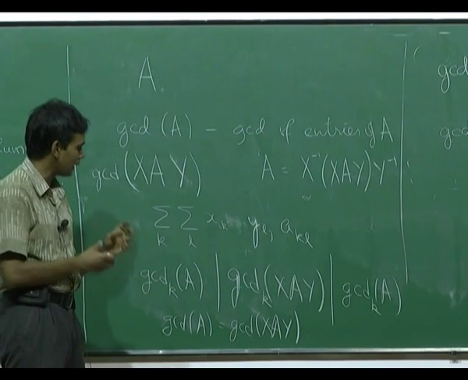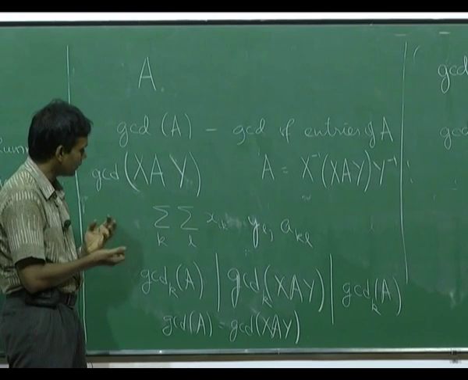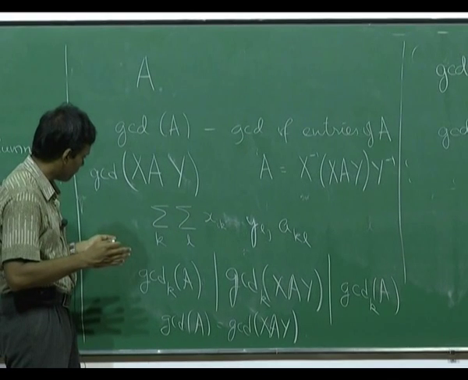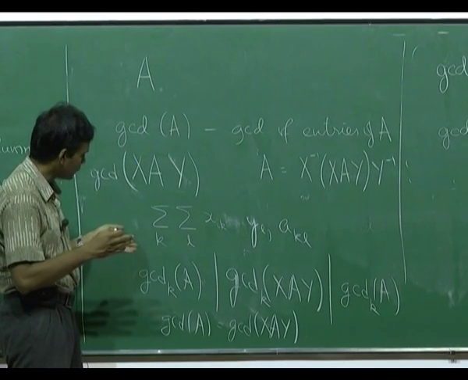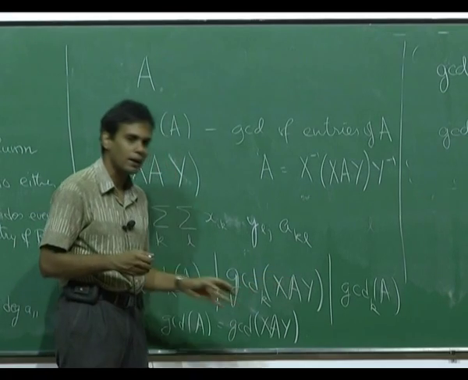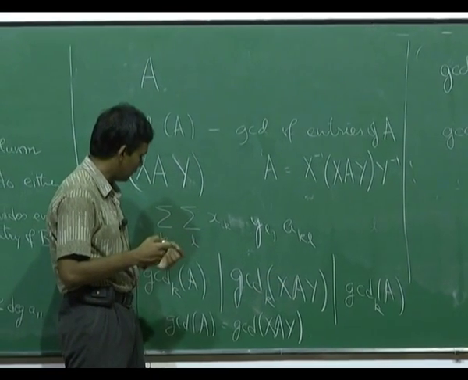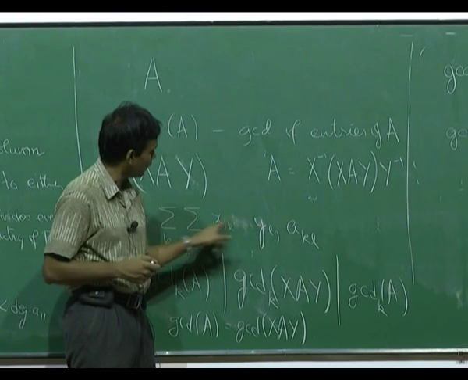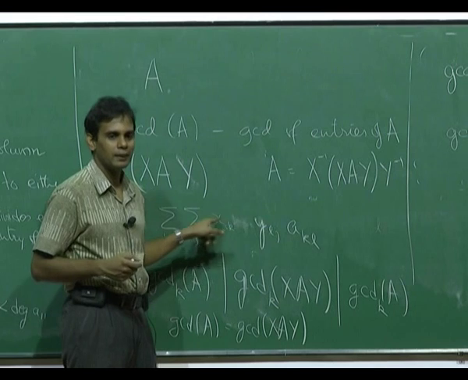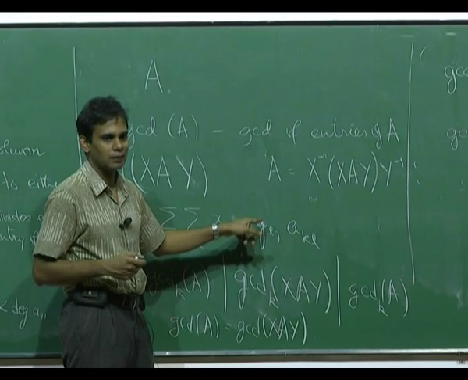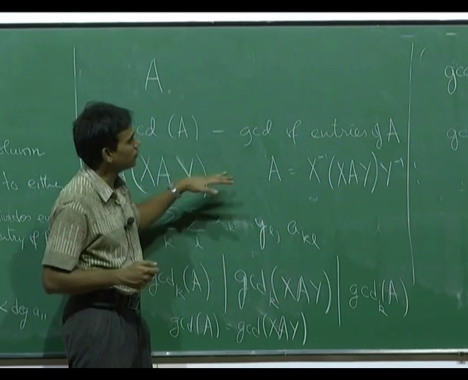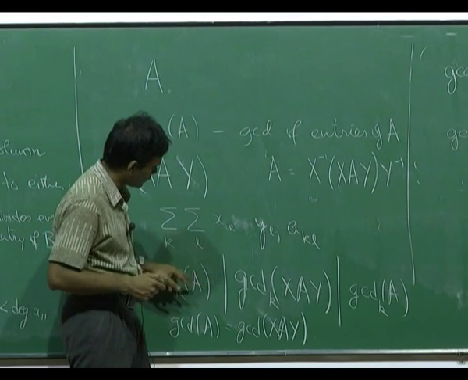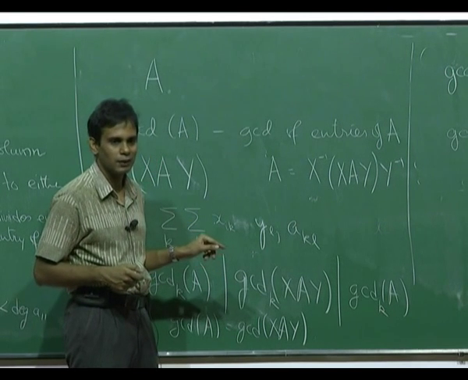I won't do the calculation, it's slightly ugly, but conceptually the minors of XAY will again be expressions like this, only instead of x and y, you will involve more complicated expressions from the entries of matrices X and Y. So the same kind of argument will show that the GCD of the k by k minors of A is the same as the GCD of the k by k minors of XAY.